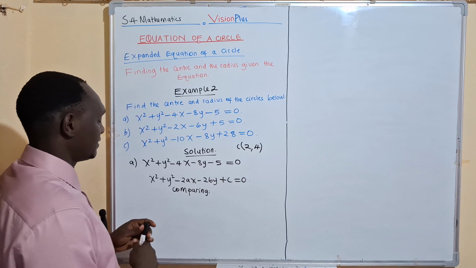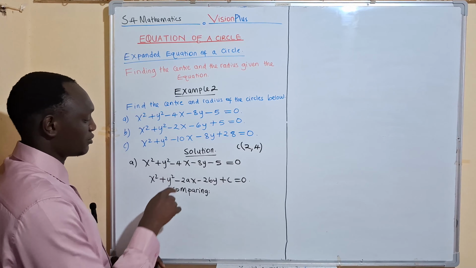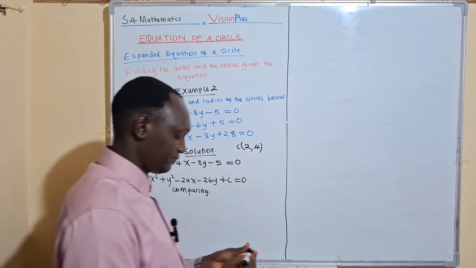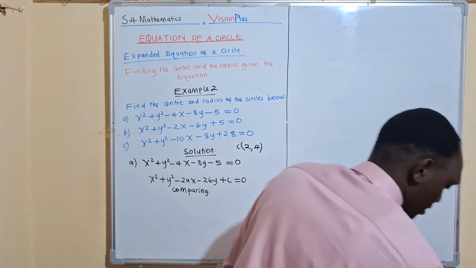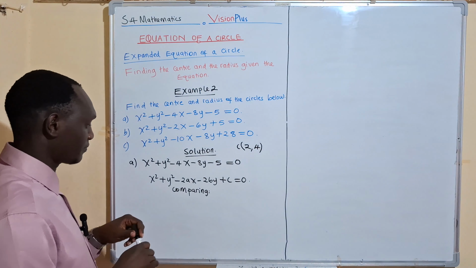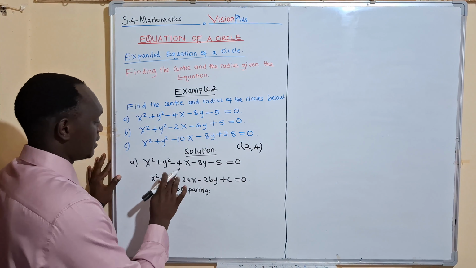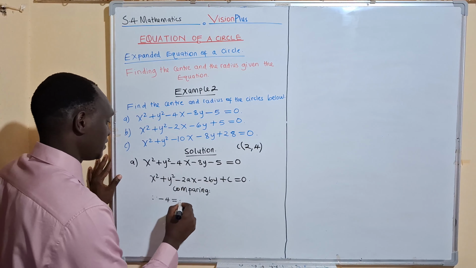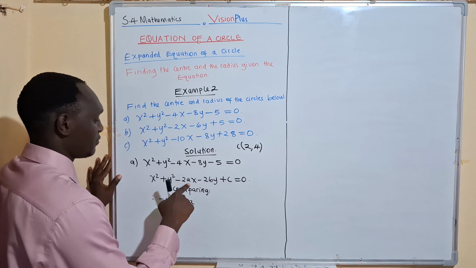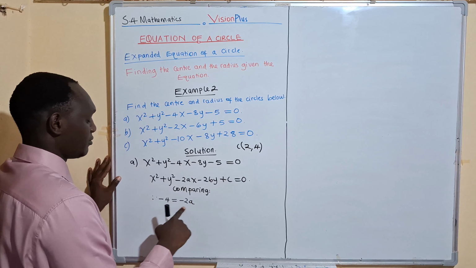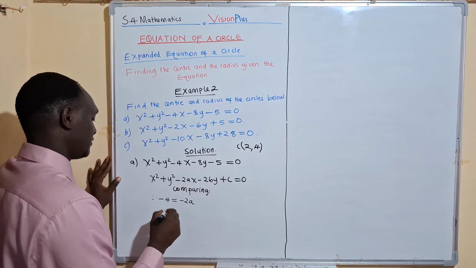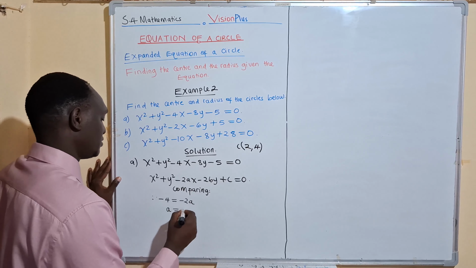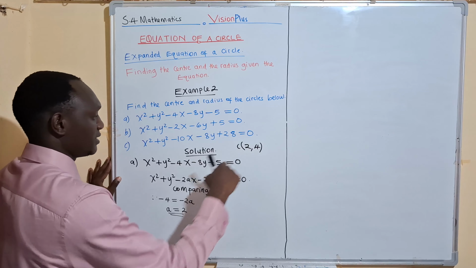We notice that negative 4 corresponds to negative 2a. They are coefficients of x. Divide both sides by negative 2. A here becomes 2.